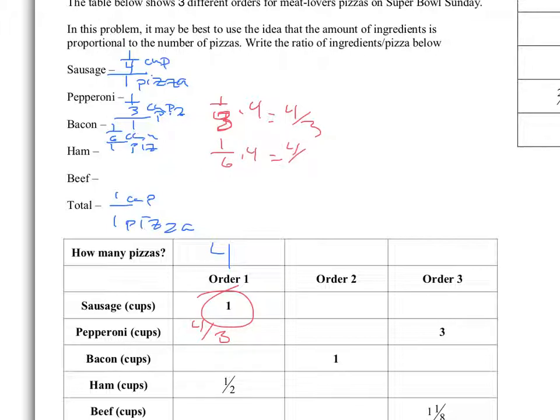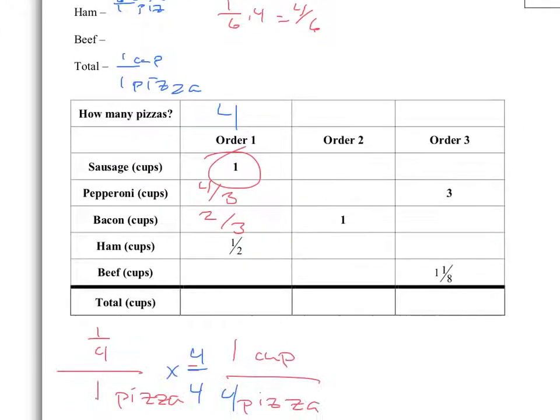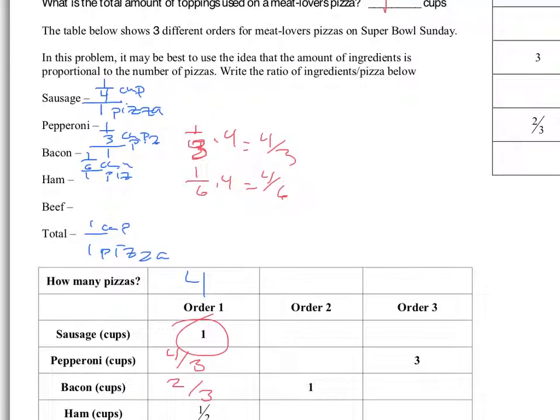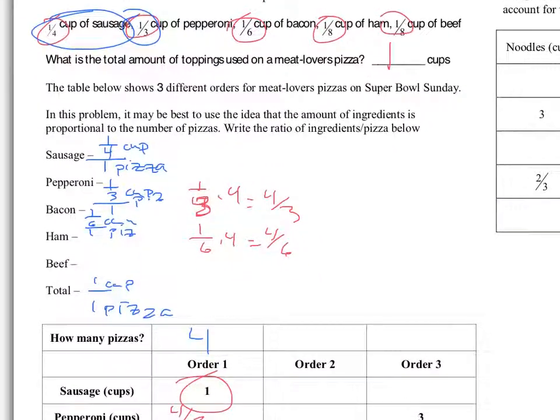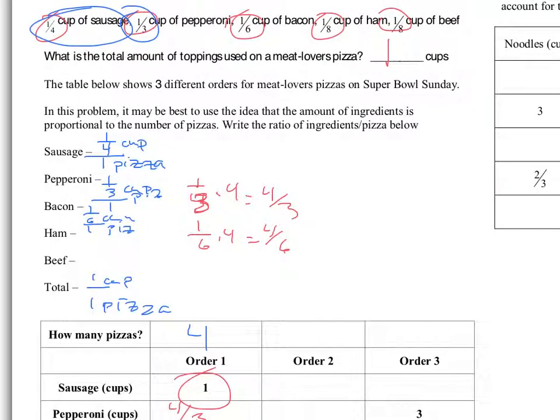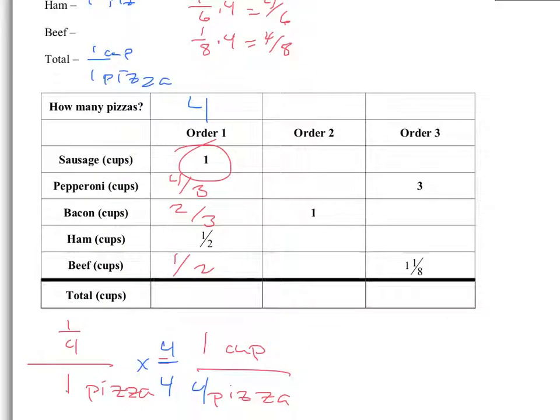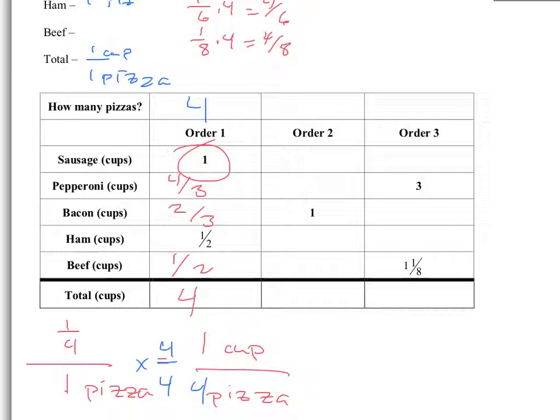That's going to give me 4/6, which simplifies to 2/3. For the beef, we should have 1/8 of a cup of beef times 4. It's going to give me 4/8, which we know is 1/2. And for the total cups, we know that it's 1 cup for one pizza, so that means we should have a total of 4 cups.